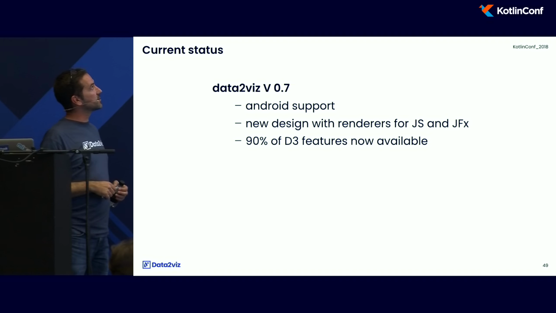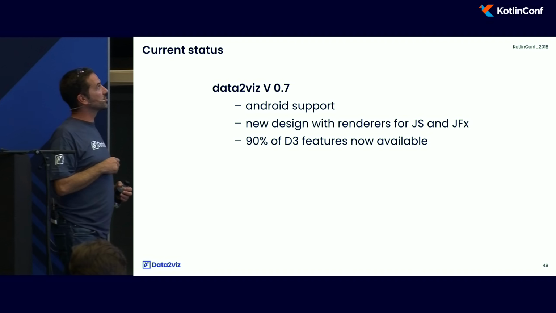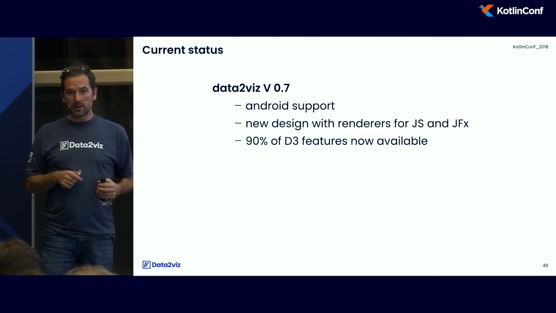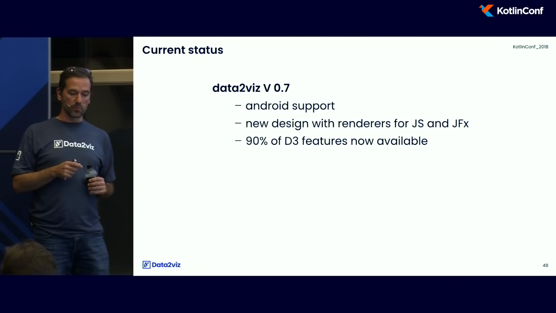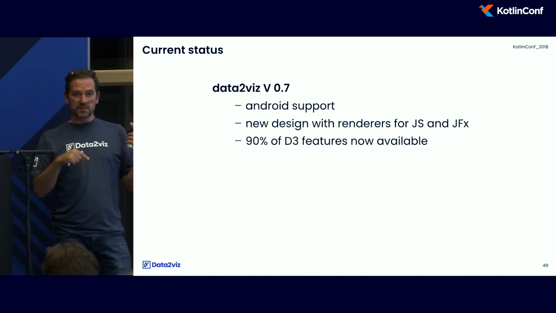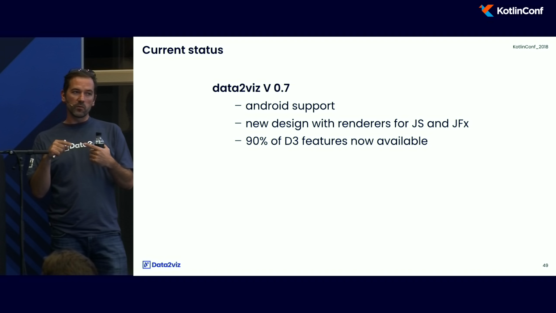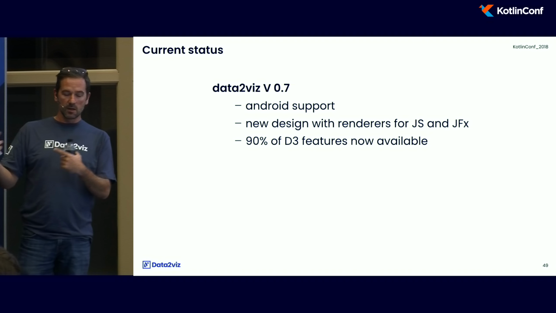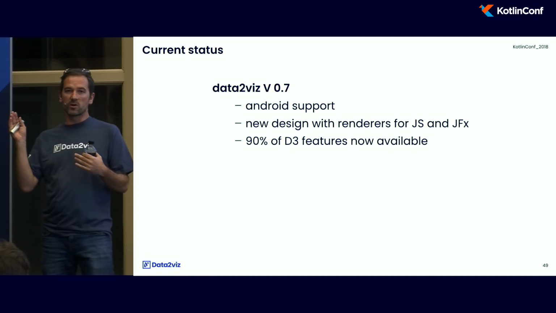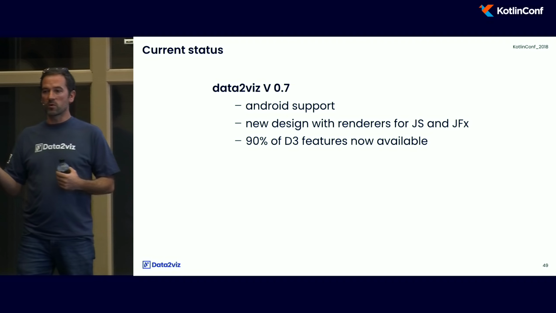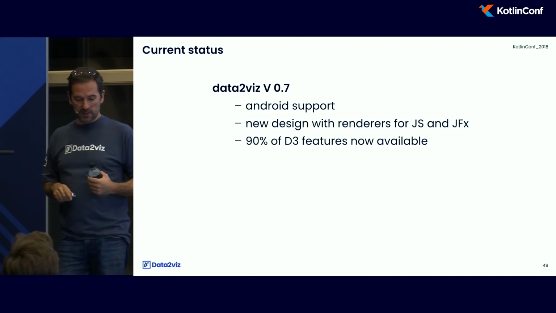We just released version 0.7. It's the first one which has Android support. Now the new design is available for all the platforms. We removed the old code that was using SVG and JavaFx.